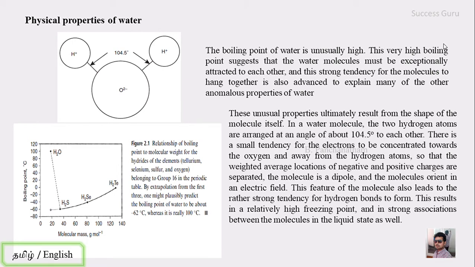You can see the hydrogen atoms joined together at an angle of 104.5 degrees, aligned on only one side. And there is a small tendency for the electrons to be concentrated towards the oxygen and away from the hydrogen atoms. So that is the weighted average location of negative and positive charges.